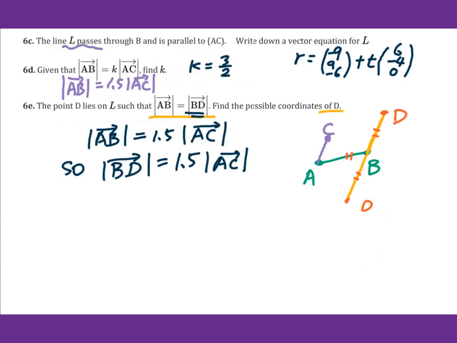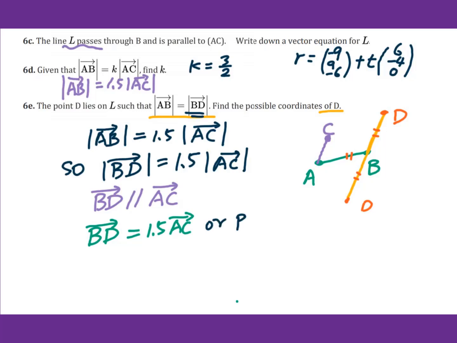According to this diagram, we do know BD is parallel to AC. Therefore, it means the same direction or opposite direction. I can write down BD equals positive 1.5 AC, or BD equals negative 1.5 AC.